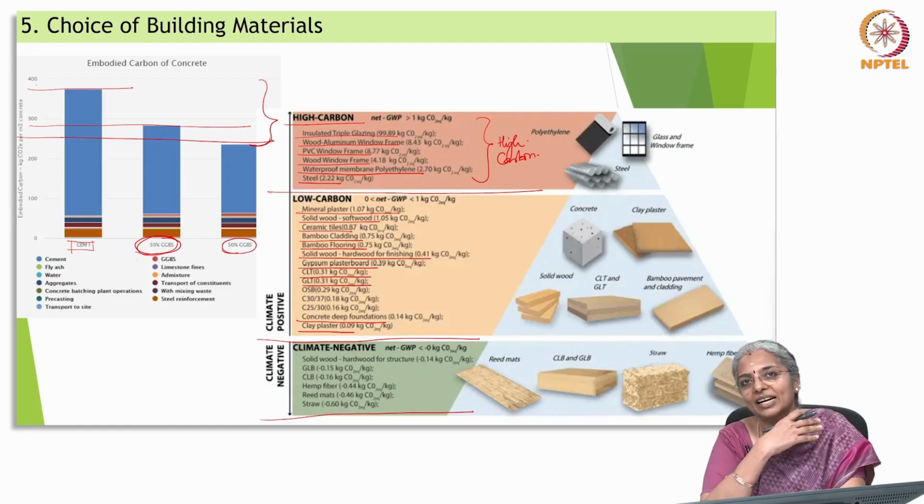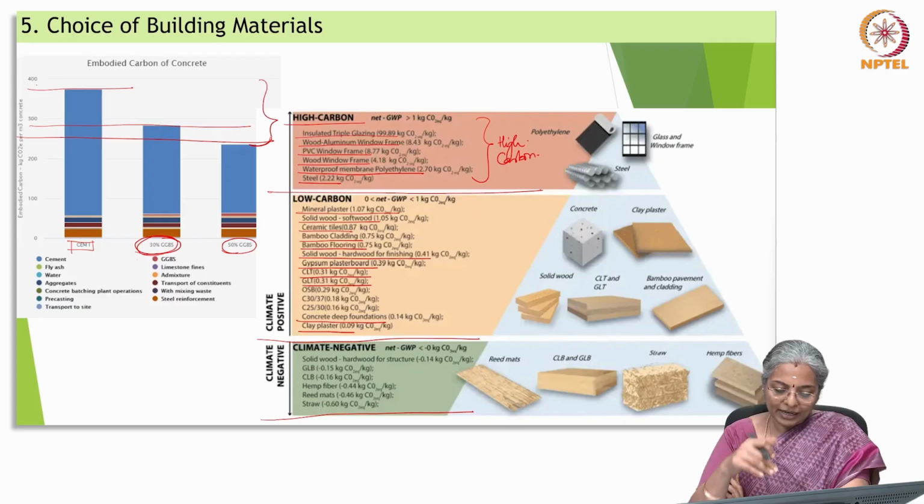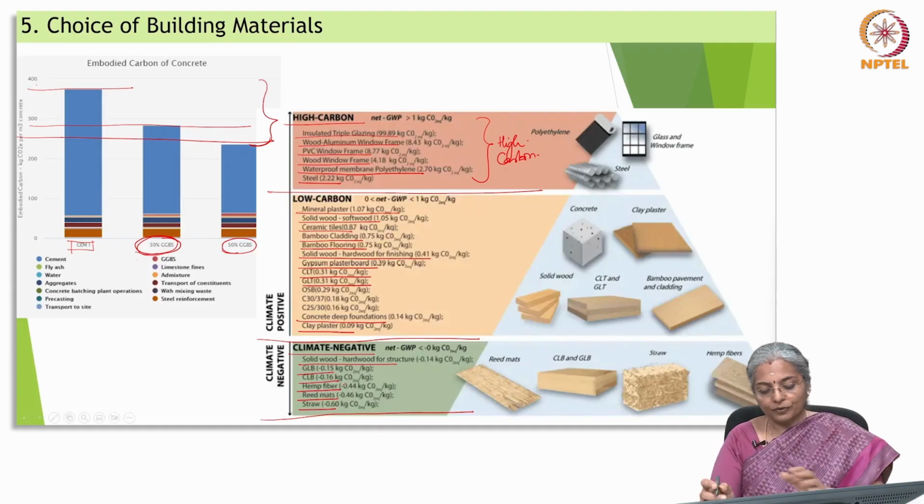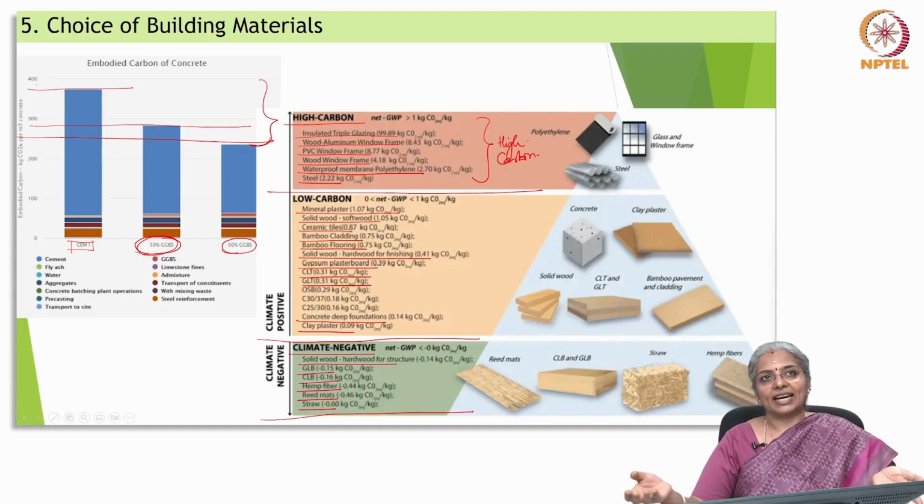In that I am dealing with every material separately. But coming back to this, we can have climate negative materials such as hardwood, GLB, CLB, hemp fiber, reed mat, straw. All of these can be climate negative.